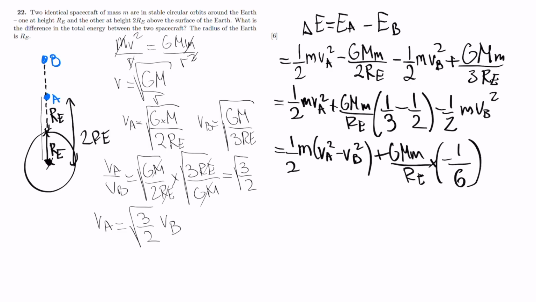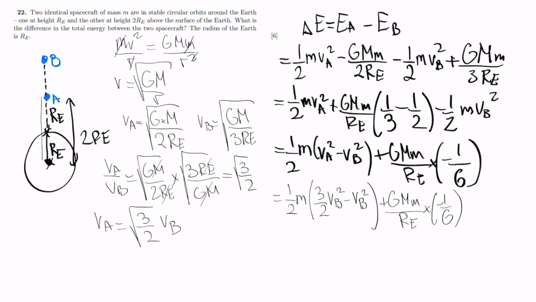Okay, now we've got an expression for how those two velocities are related. So we can say that this here will be given by a half m times vA squared is just going to give me 3 over 2 vB squared take away vB squared, like that, plus GMm over rE multiplied by that factor of minus 1 over 6.